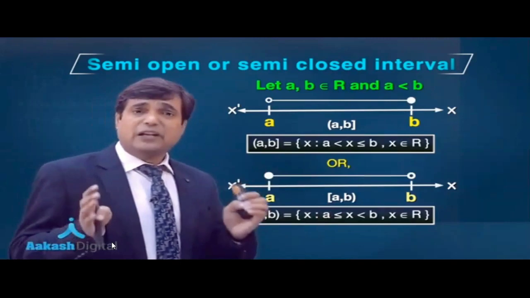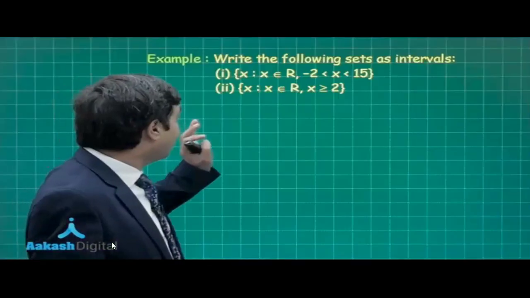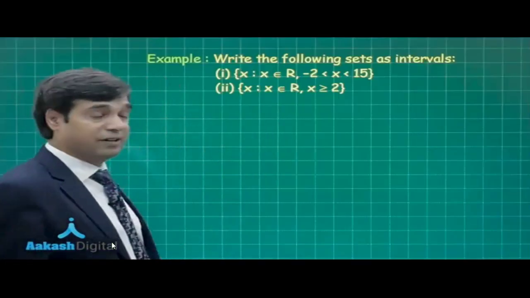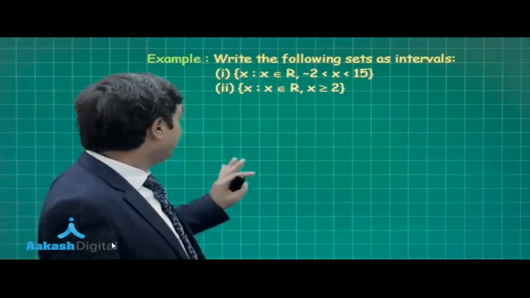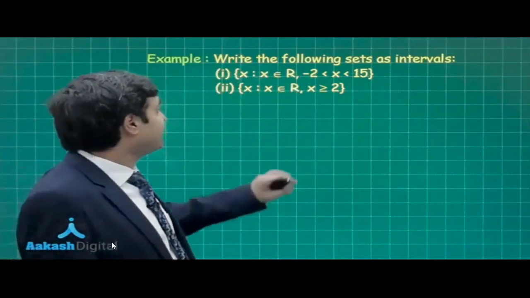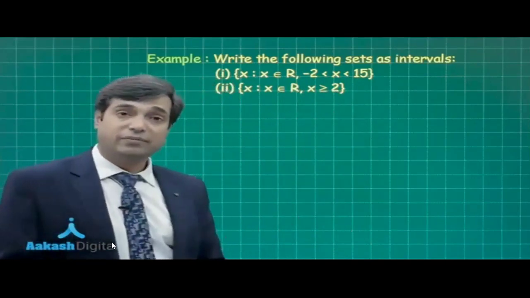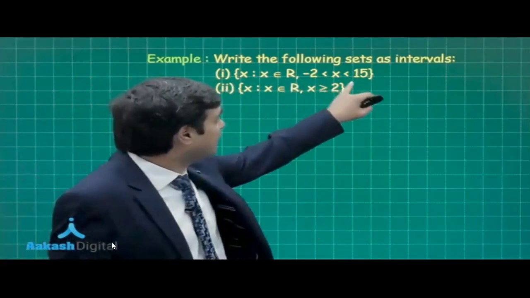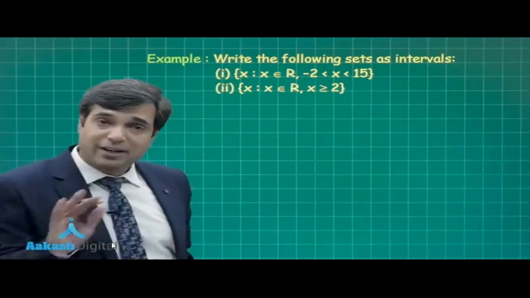Let's consider with numerical terms. Write the following sets as intervals. Two questions are given. First, X such that X is a real number and X is lying between -2 and 15. Here we can clearly see both endpoints are excluded.